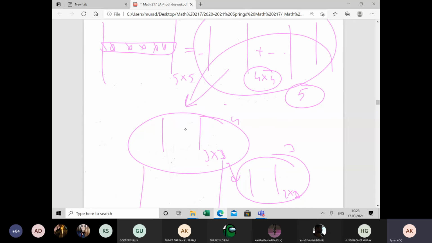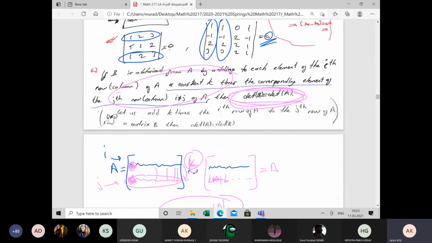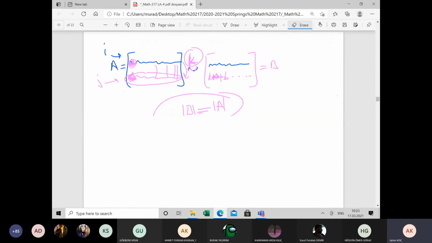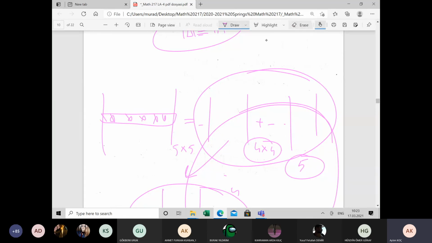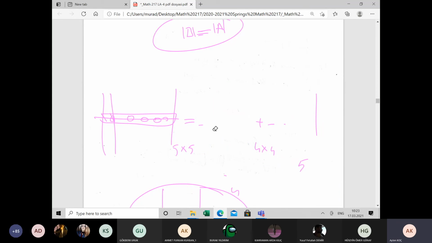So you have to compute a lot of determinants. But if we use this property, it is okay. Our aim is to get more zeros. Apply this operation. Maybe we get zero here, and so use some operation we get zero. So we obtain only one 4 by 4 determinant, not 5. It's okay?